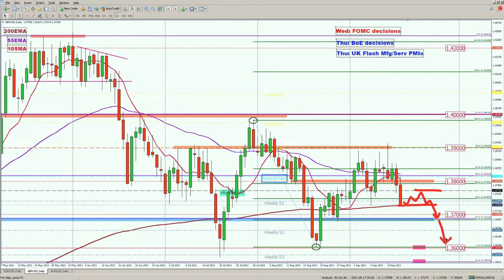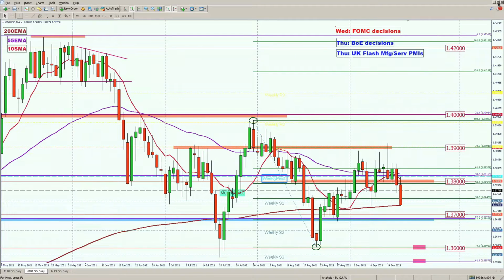And then followed by the 136. Extreme case or extreme weakness, then it could target the 62 Fib on the longer term Fib at 135.58. Okay, so critical levels to watch for next week for the cable.